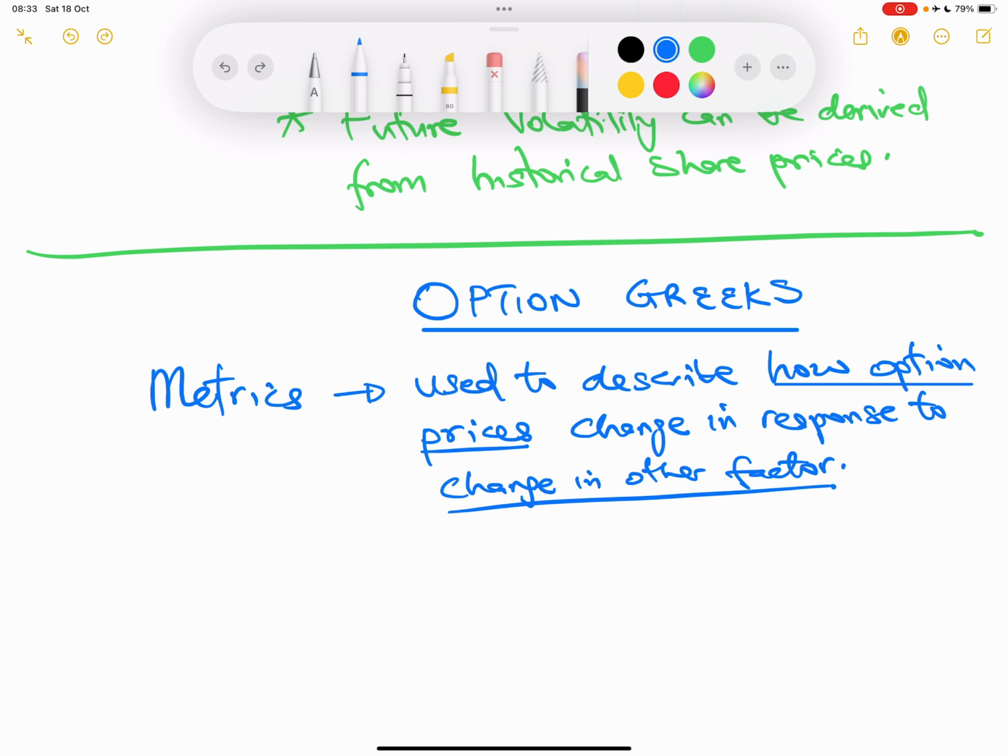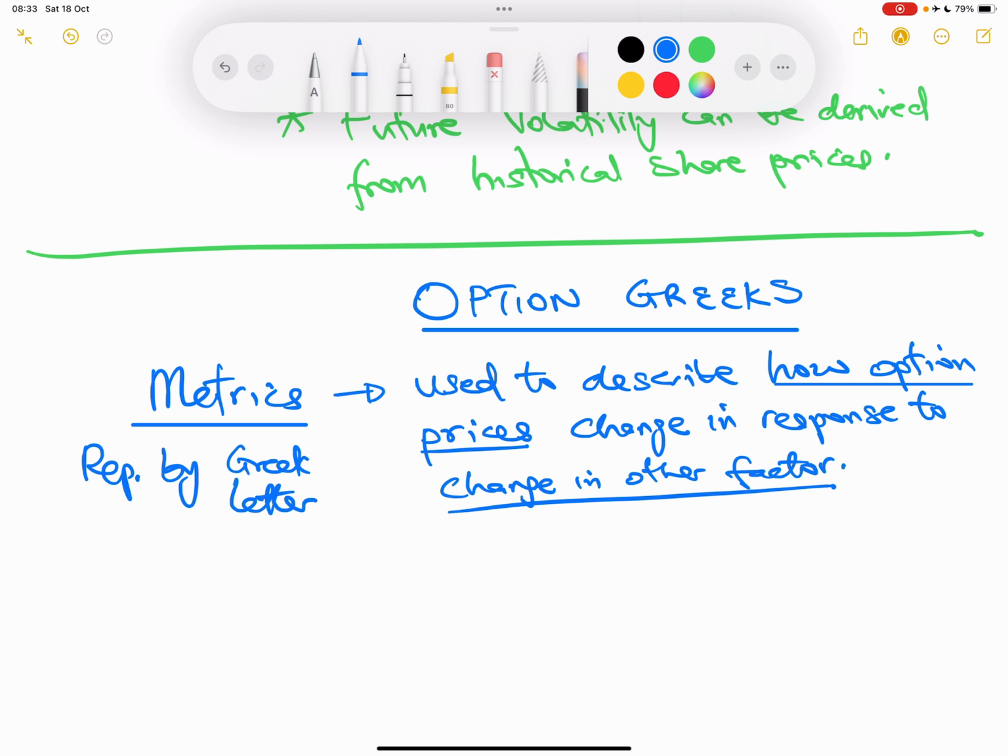Different things can be anything. An example is the price of the underlying. These metrics are various types of metrics, and they are being represented by Greek letters.